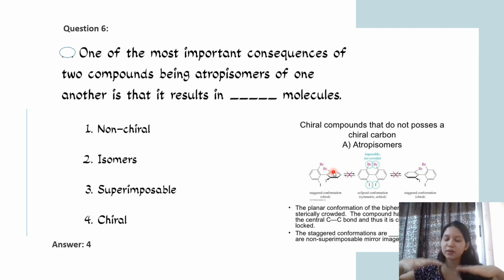They cannot be placed in a planar conformation because the ortho substituents will have high steric crowding. Because of this, along this axis, these two rings cannot undergo rotation.